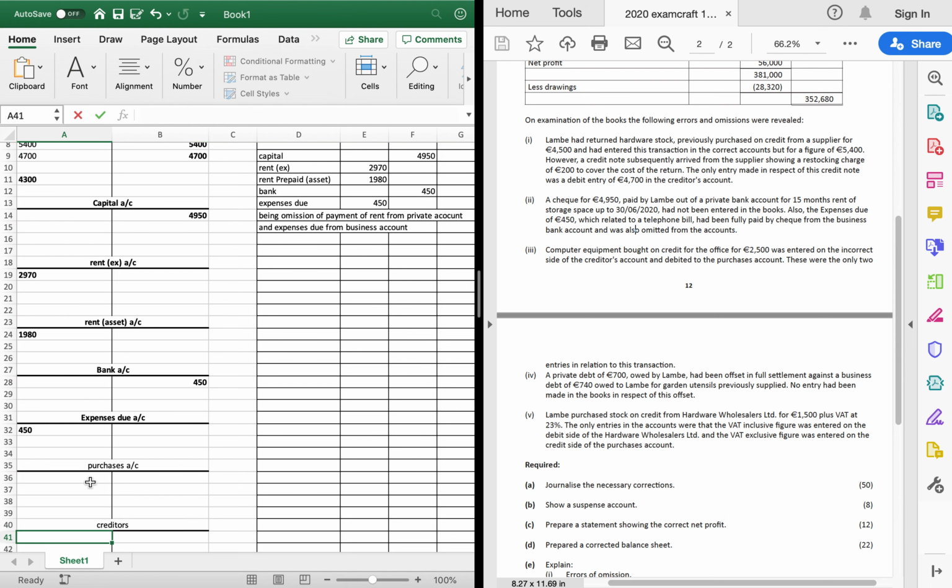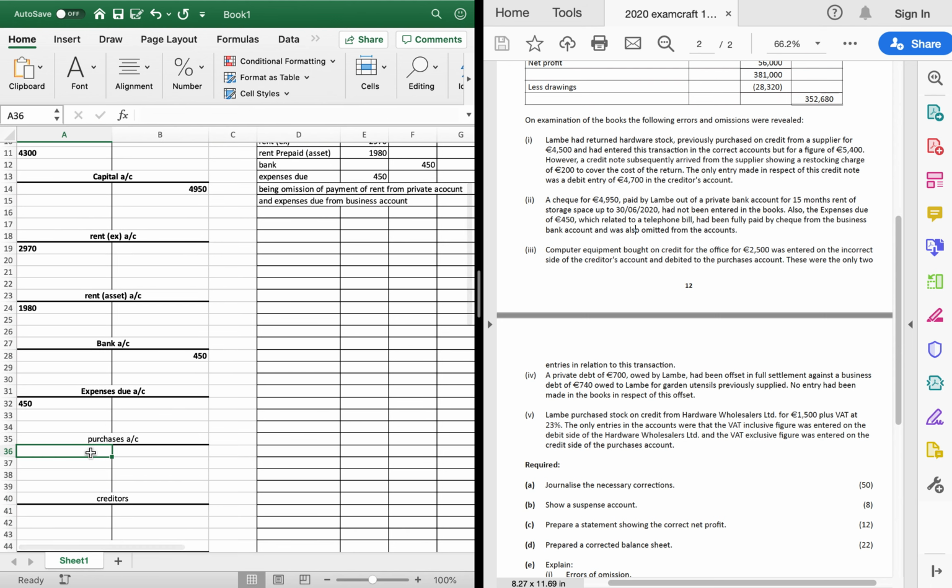So we're going to do what they've done and undo it. So what have they done? They put 2,500 on the incorrect side of the creditors account. So creditors should have gone up by 2,500 and they've put it there.